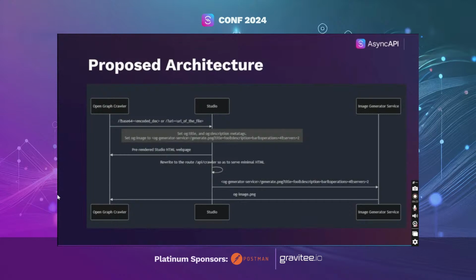Right. So what will happen is that when the URL of the AsyncAPI document file is shared, each social media site has its Open Graph crawler, right?